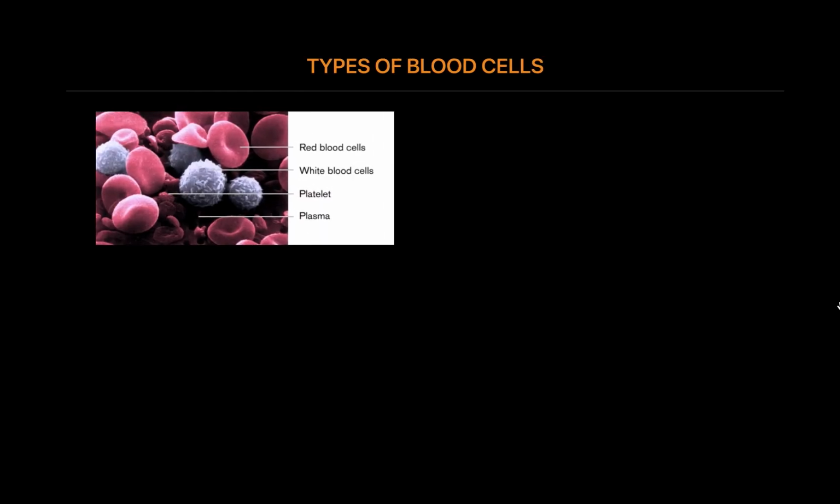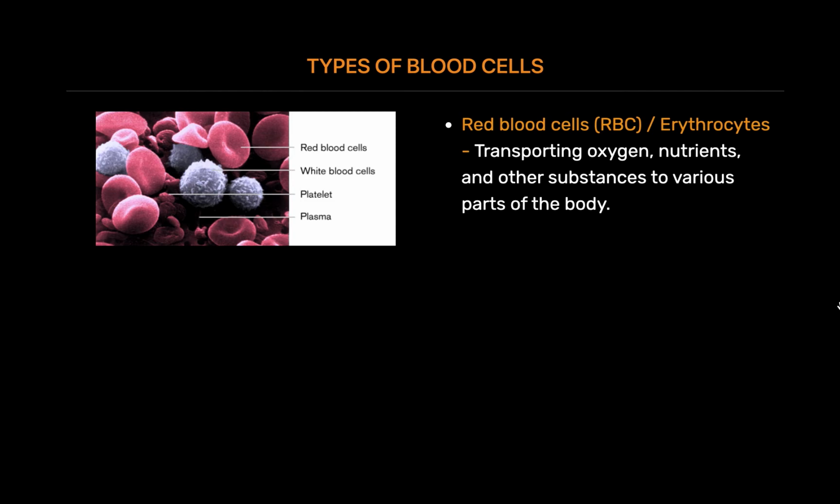Types of blood cells. The human body consists of 3 types of blood cells. Red blood cells are mainly involved in transporting oxygen, nutrients, and other substances to various parts of the body. These blood cells also remove waste from the body. Red blood cells are also called erythrocytes.